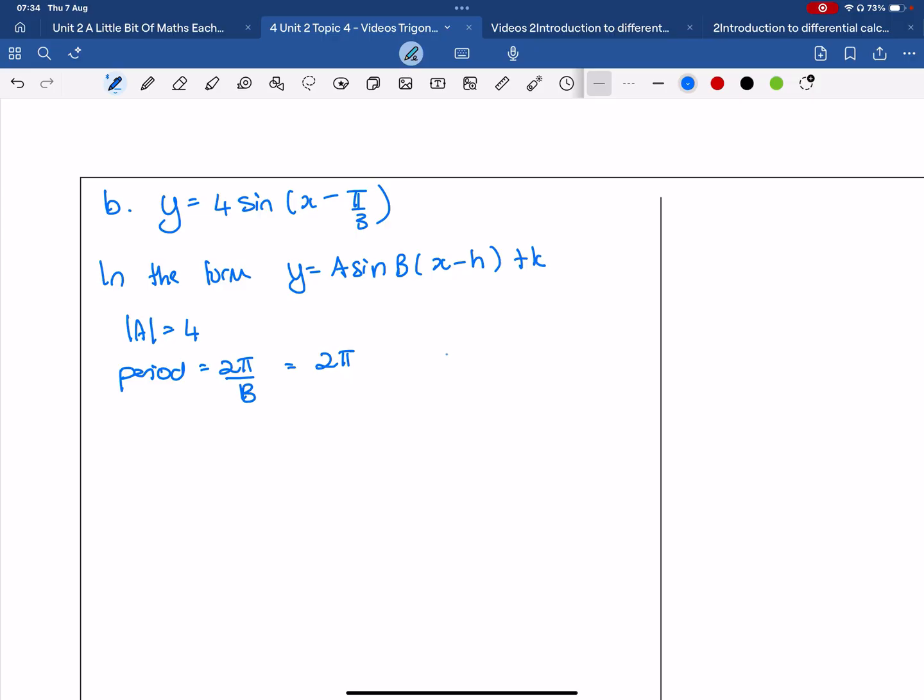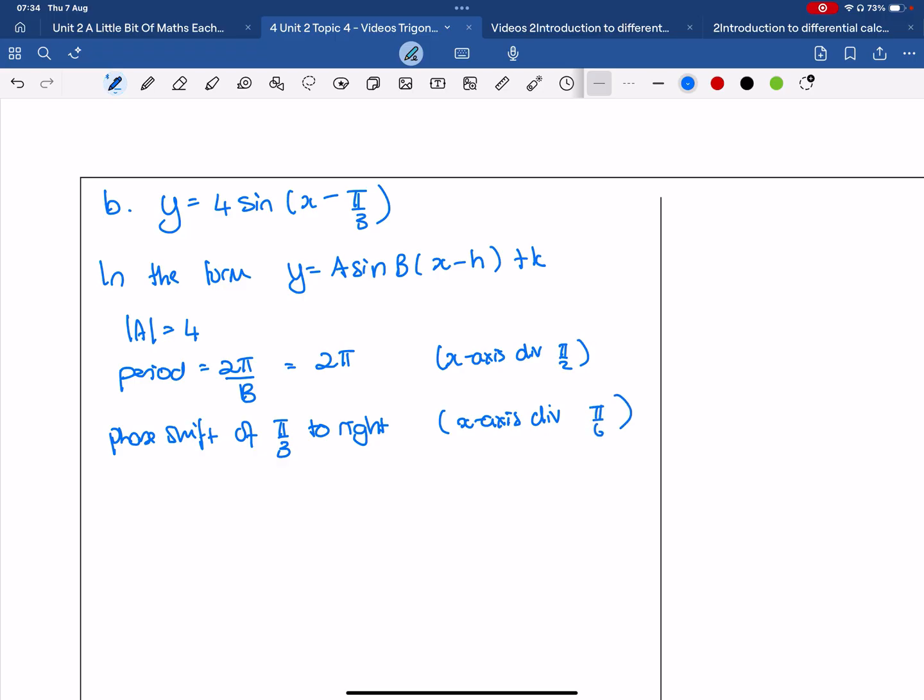That means that our x-axis divisions will be pi on 2. However, we have a phase shift of pi on 3 to the right. So my new x-axis divisions are going to be the lowest common denominator of pi on 2 and pi on 3.